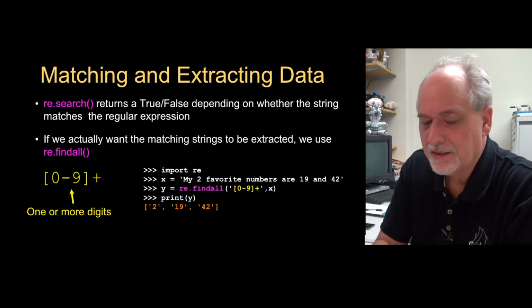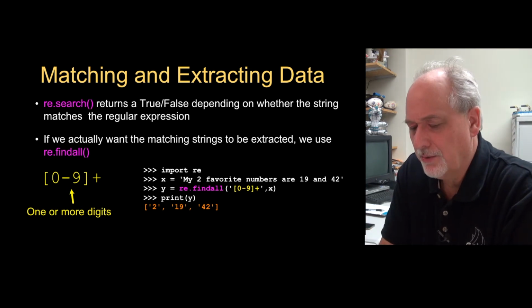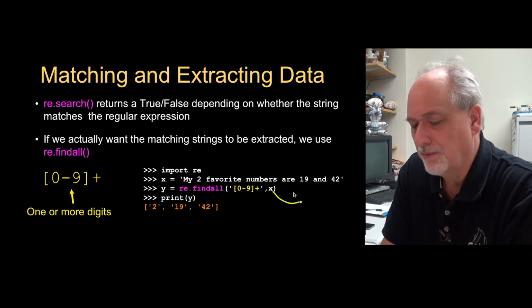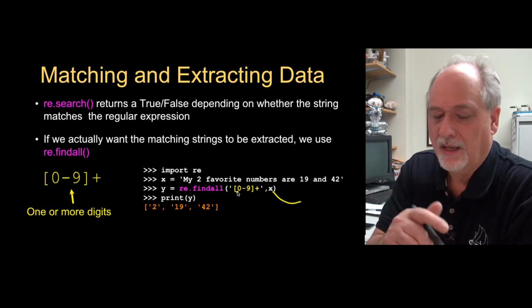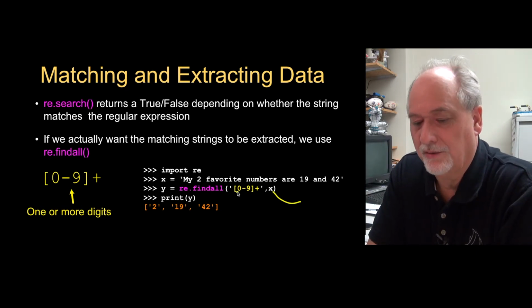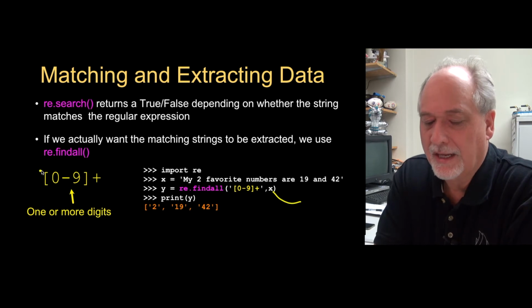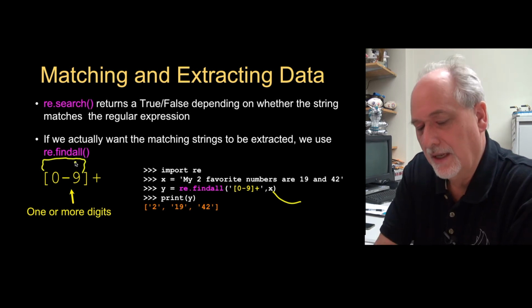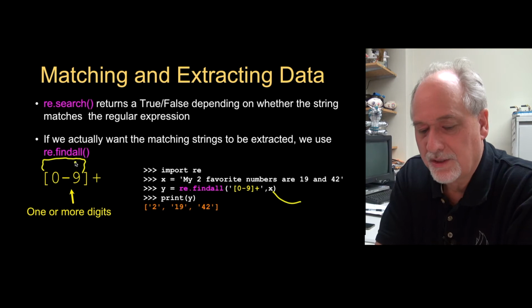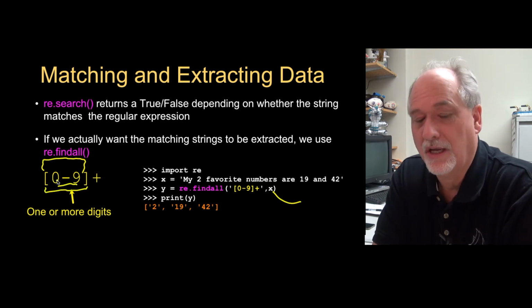So let's take a look at what we've got going here. Instead of calling search, we call findall. We still pass in the string that we're looking through, and then we have our little template pattern. And this is a new bit of regular expression. Any little square bracket operation is one character, but in between the brackets is a set of allowed characters.